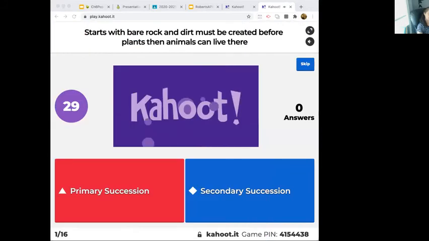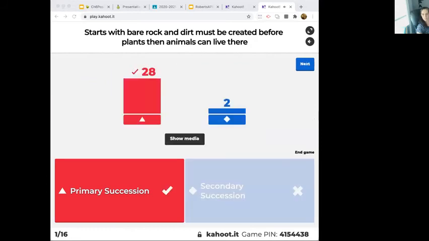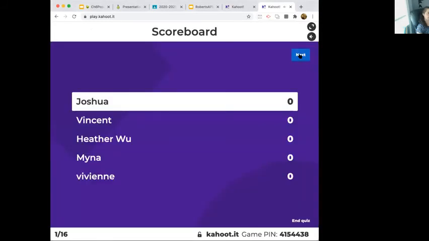Starts with bare rock and dirt. Must be created before any plants or animals can live there. Yes, primary. Anytime you see those words, bare rock, it is primary.